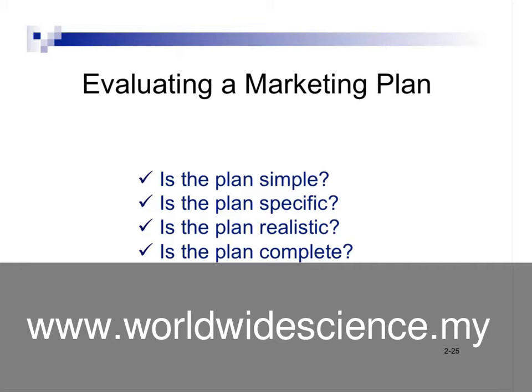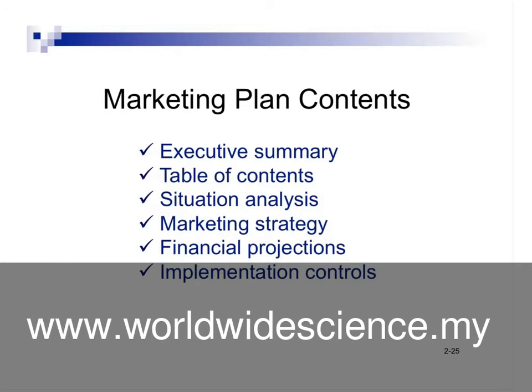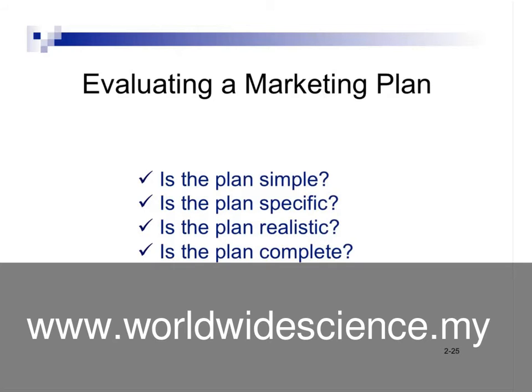You might have to spend much more. But if you're just using that budget for a regional marketing plan, that might be a realistic plan. And then it should be complete. It means that it has to cover all those factors that we said in a marketing plan. All these should be covered, and it should be from A to Z. It means that your marketing plan covers everything.